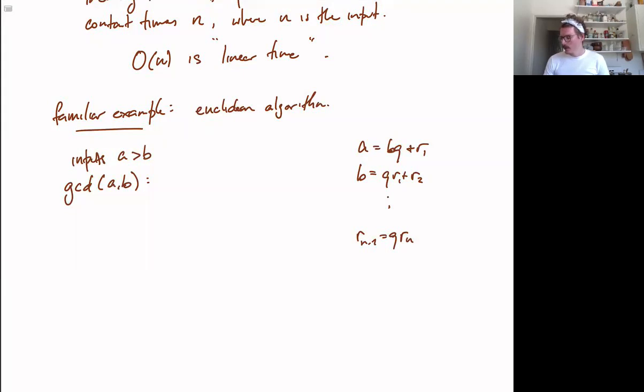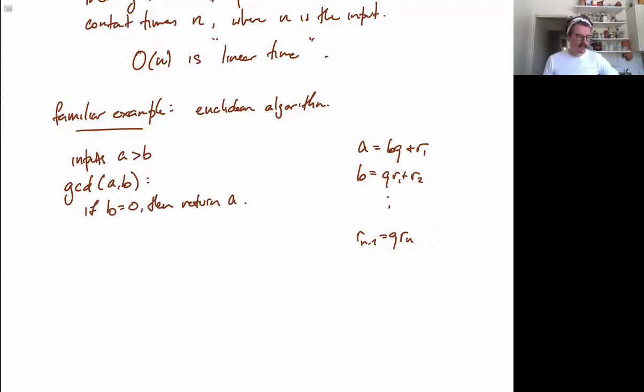And then when you get zero remainder, the thing you return was the last thing that was the remainder. So what this is saying is essentially that the end case for this algorithm is if b equals 0, then return a.